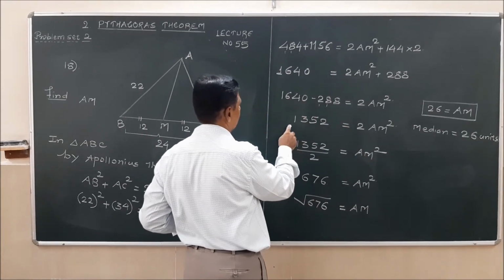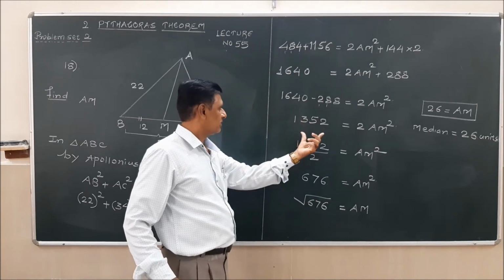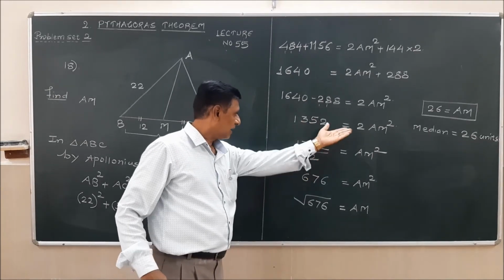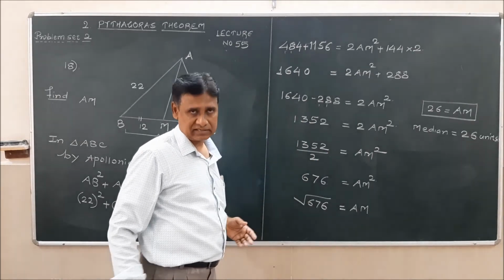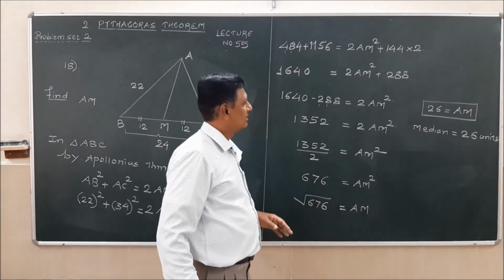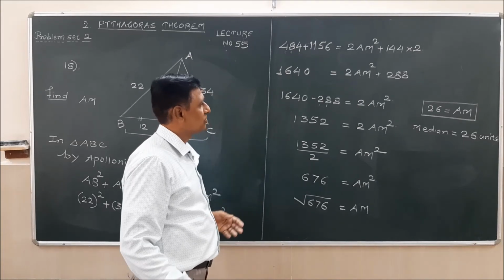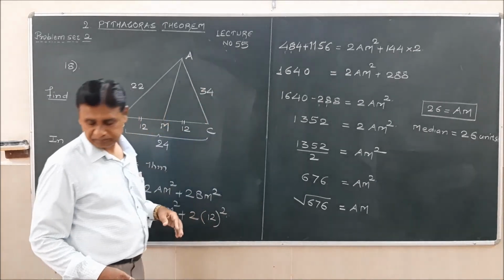Transfer to the left hand side. 1352 is equal to 2AM square. If you divide it by 2, you'll be getting 676. So root of 676 is AM, that is 26, so AM is 26.